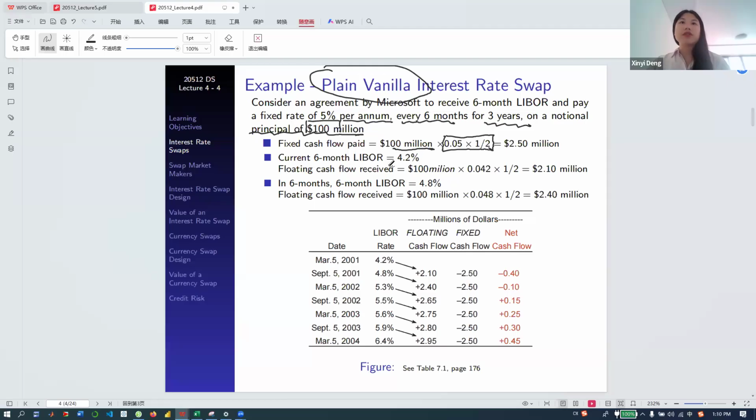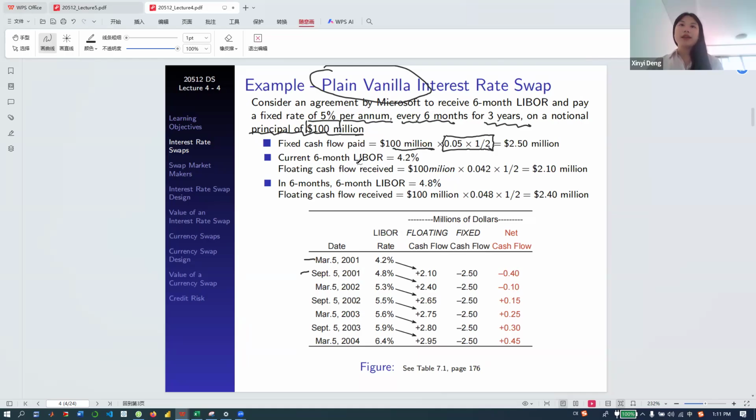Then let's also calculate the floating cash flow received. The floating rate is basically going to change period by period. For example, you will have a different LIBOR rate when you are comparing March 5 with September 5, and also the LIBOR rate is continuously changing. So also at March 5, the floating rate will become different again.